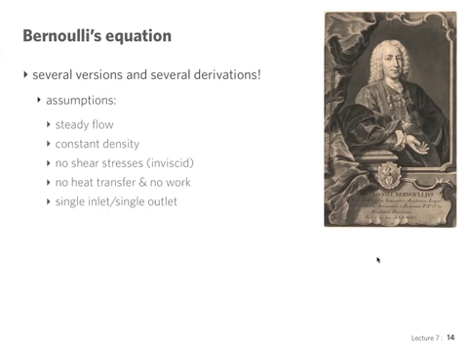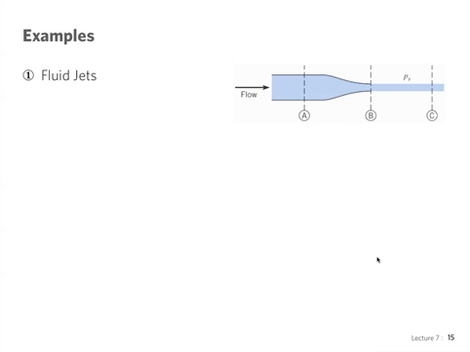Okay, so let's do immediately some examples. The first common application of the principles that we've just introduced, conservation of mass, momentum, and also the Bernoulli principle, is for fluid jets.